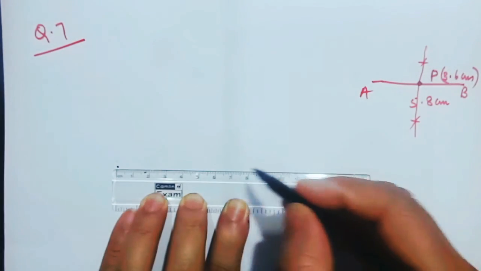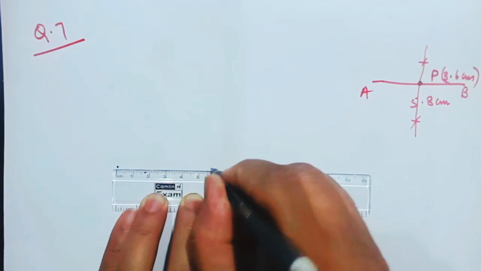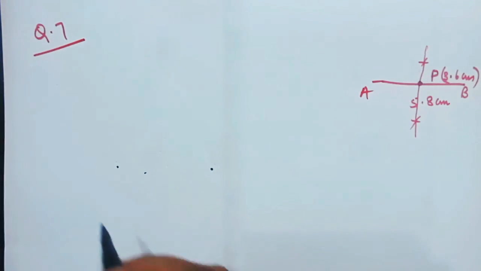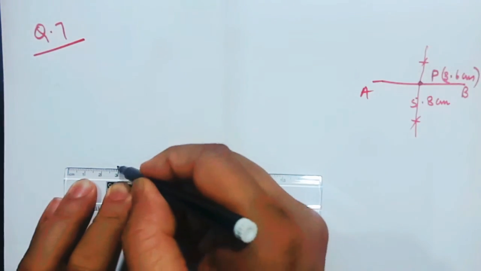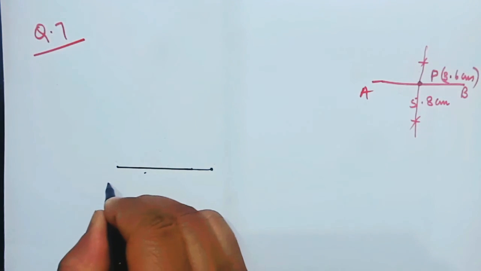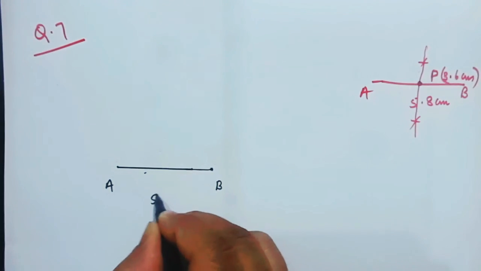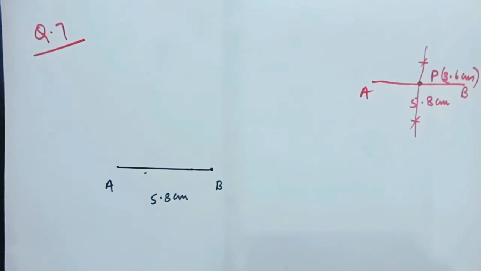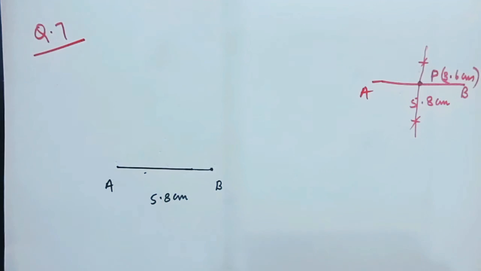So here, 5.5, and 5.8 is over here. On joining these 2 points, I'll get a length equal to 5.8 centimeter AB. Now PB should be equal to 3.6.